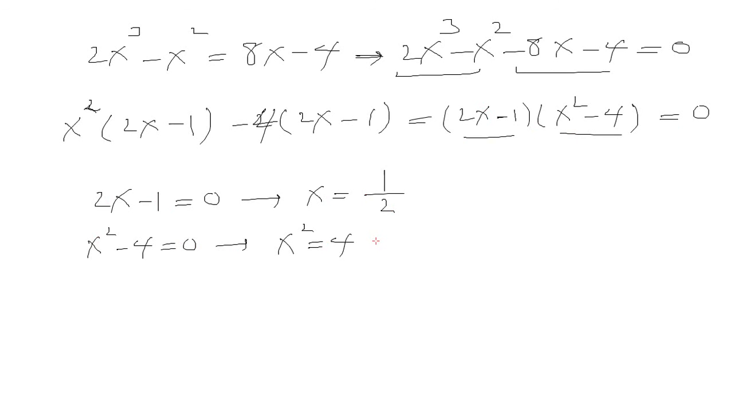This implies that x is either 2 or x is -2. Here I'm using the square root property. So x is plus minus radical 4, that's plus minus 2. So I have three solutions, 1 over 2, 2 and negative 2.